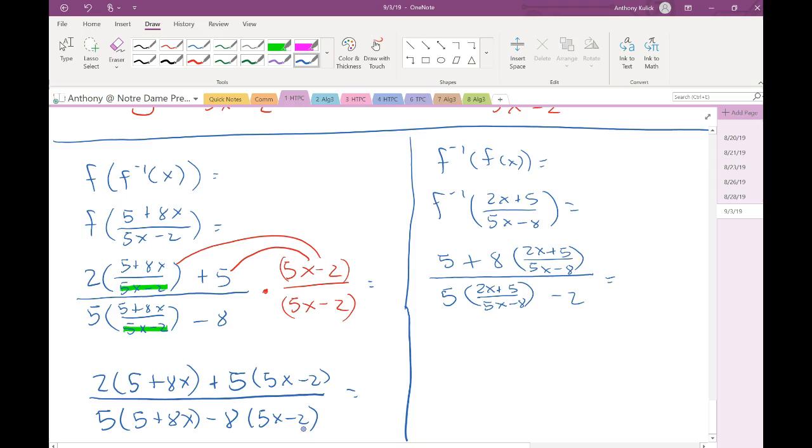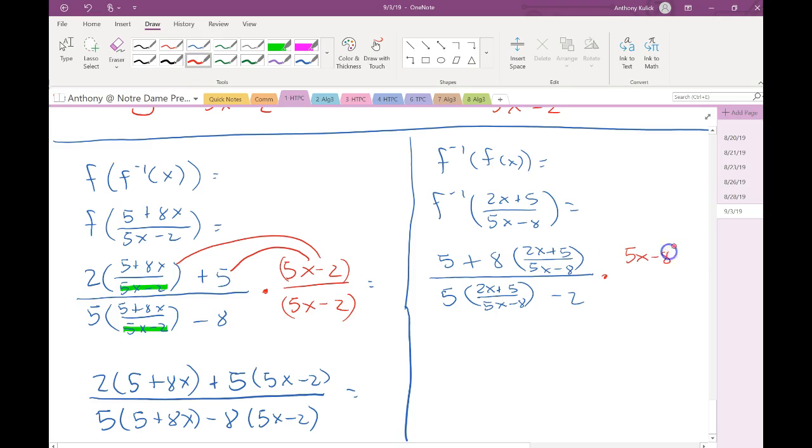And what I'm left with now is just a single fraction, right? I've gotten rid of the fraction inside a fraction business. Can everybody see that? And from here, the simplifying becomes much, much easier because I only have to deal with one fraction instead of multiple fractions inside of fractions. That's a nice little simplifying trick when dealing with these complex fraction situations.